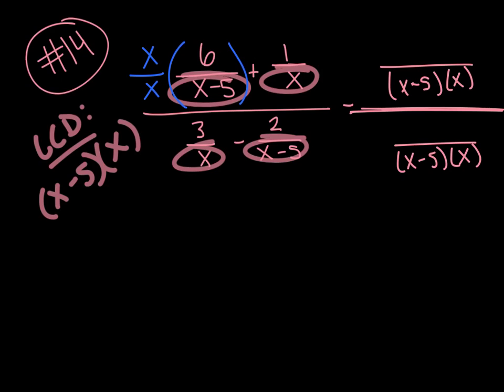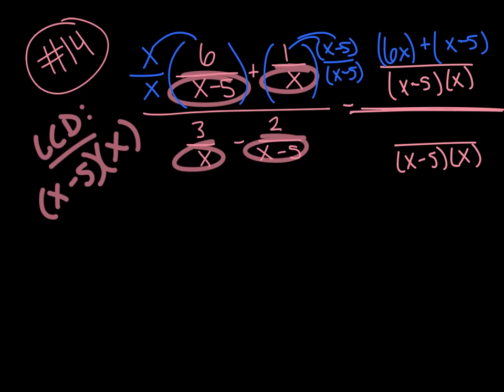We have to multiply by a value equal to 1. So 6 times x is just 6x. Bring over the plus sign. All right, second one has the x. It needs x minus 5. Multiply the 1. That'll just be still x minus 5, because 1 times anything is itself.